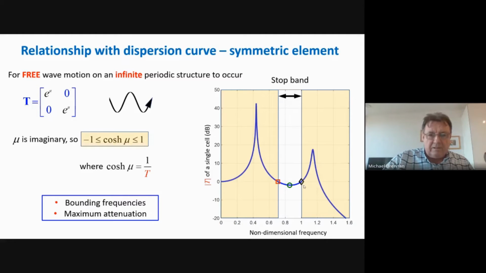And the third quantity is the maximum attenuation, which is the minimum transmissibility that you get within that stop band. And so what you will see over the next 30 minutes or so is how we use this framework, and we try to determine these three quantities, the two bounding frequencies and the maximum attenuation, for different problems.